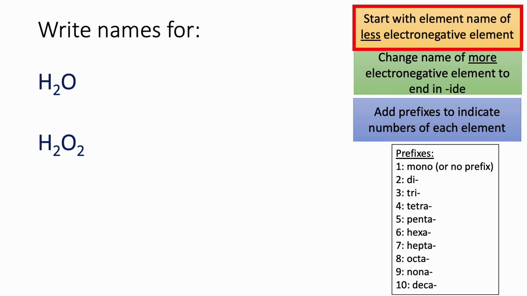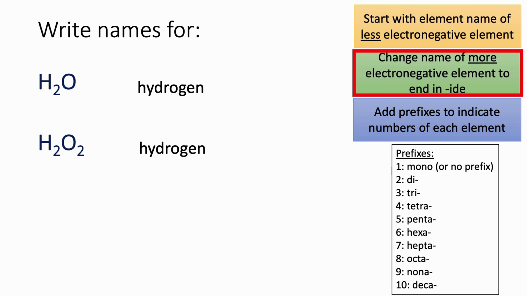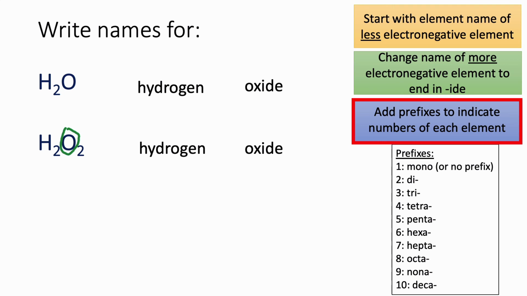So first we're going to start with the element name of the less electronegative element, which in both cases is hydrogen. So we can write hydrogen for both of those. We then change the name of the more electronegative element, which in this case is oxygen, to end in "ide." So again, we're going to have oxides. And then we're going to add prefixes to indicate the numbers of each element. Now, for hydrogen peroxide, we have dihydrogen dioxide.